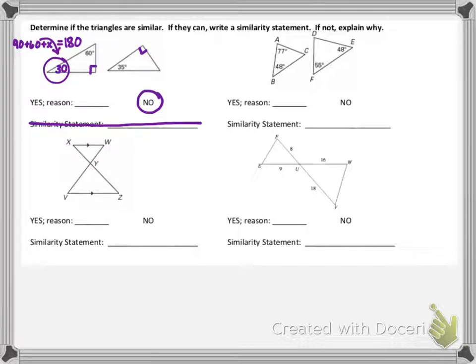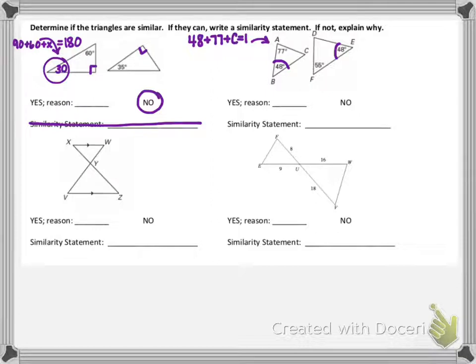Alright, over here. So far, we at least know that angle B is congruent to angle E. We have to find out, are any of our other angles congruent? So it doesn't matter which triangle you want to use. I'm going to use triangle ABC. All of my angles add up to 180 in a triangle. So I have 48 plus 77 plus angle C equals 180.